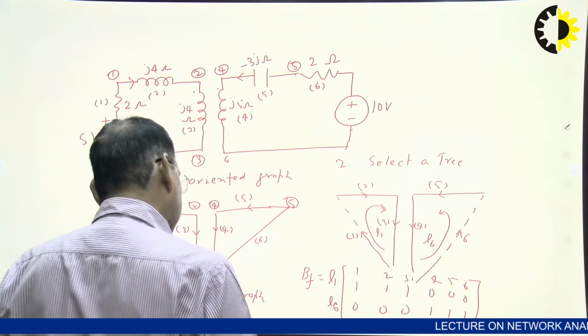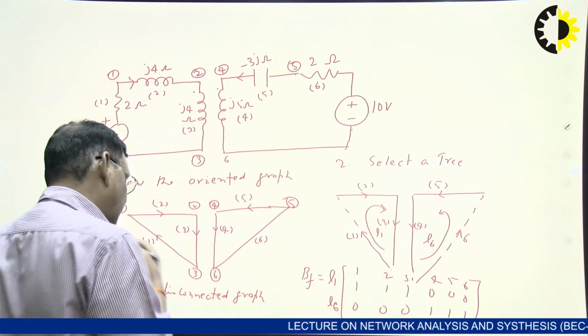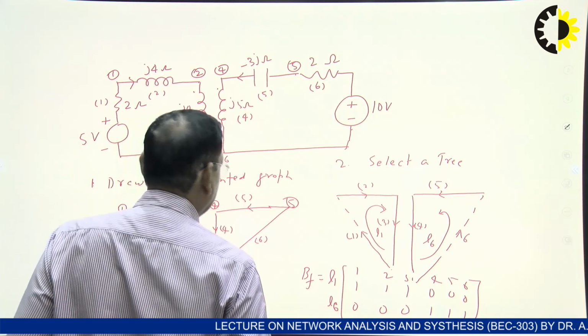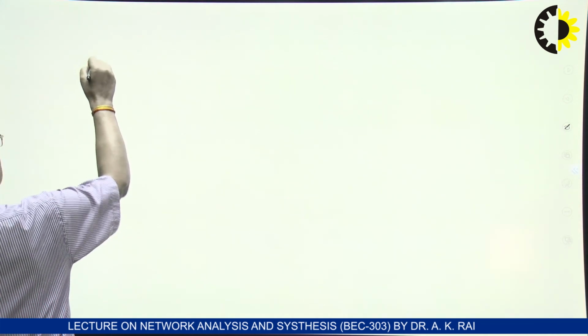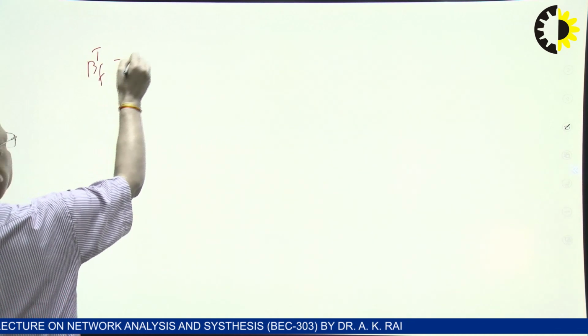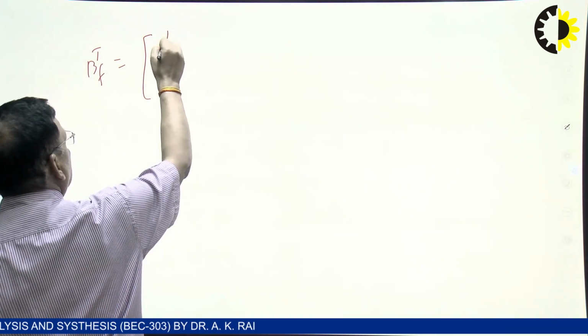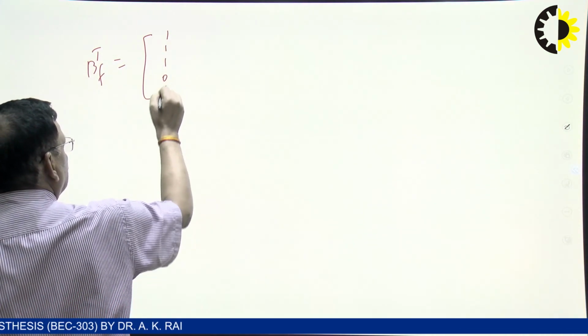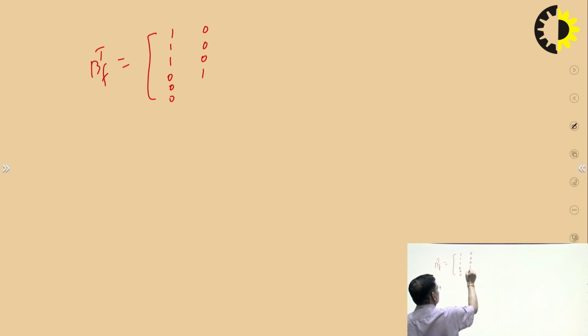So we have got the fundamental tie-set matrix. Once we got it, we can get the transpose of the fundamental tie-set matrix. Just write the transpose: 1, 1, 1, 0, 0, 0, then 0, 0, 0, 1, 1, 1.